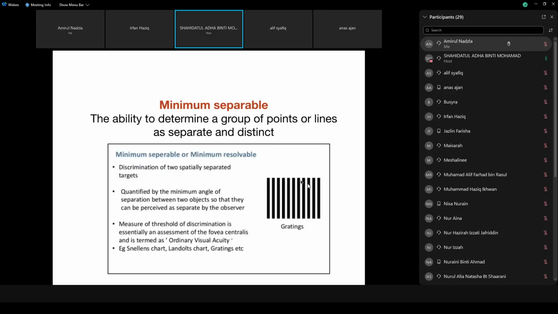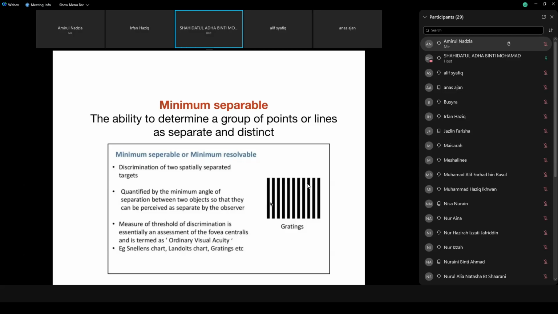Okay, the second component, the first one is minimum distinguishable. The second one is minimum separable. This is the ability of the eye to determine a group of points or lines as separate and distinct. I'm sure every one of you has good vision, so you can see the lines on the gratings as separated.